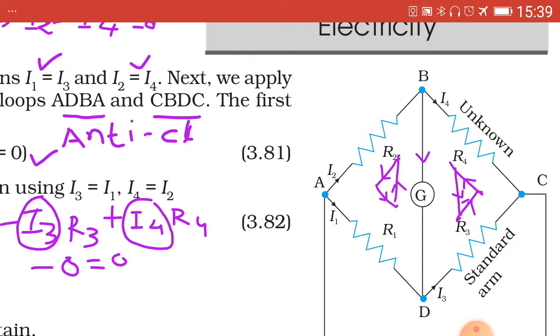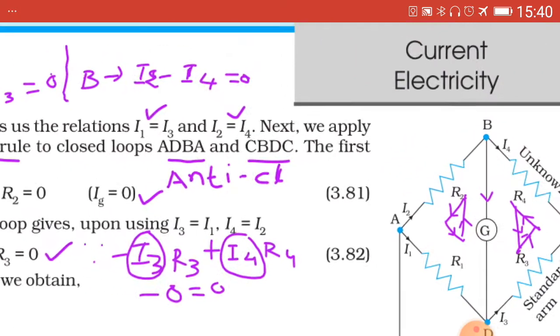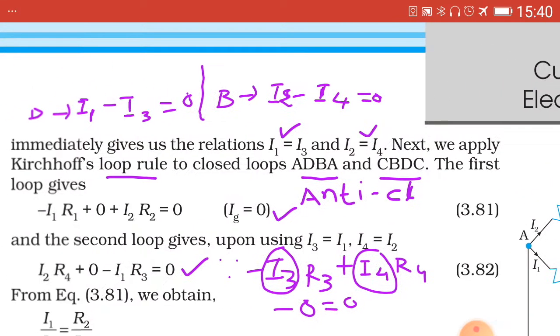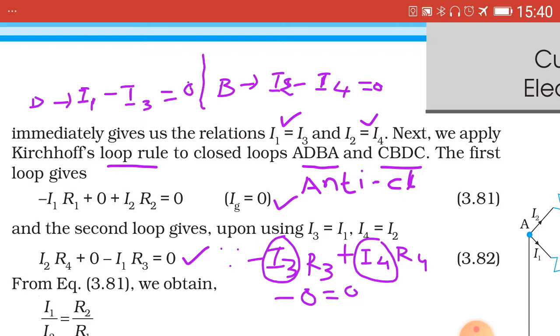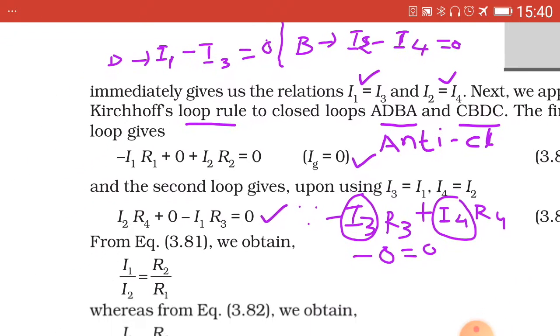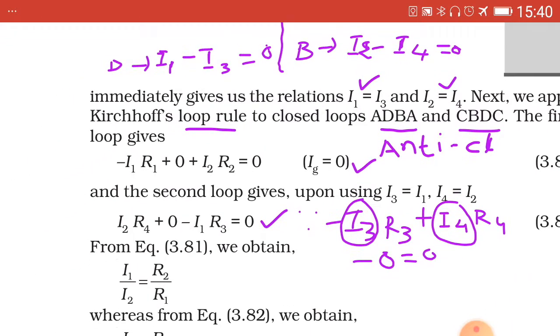I1 is coming towards the junction, so it is taken as positive, and I3 is going away from junction D, therefore it is negative. So we get, which I have written here above, not in the description: at point D, I1 minus I3 equals 0.